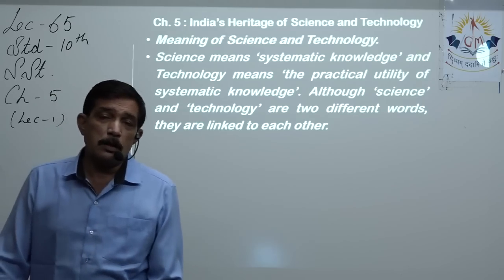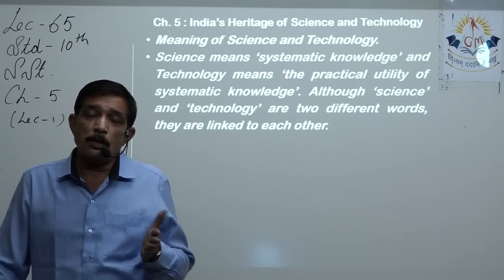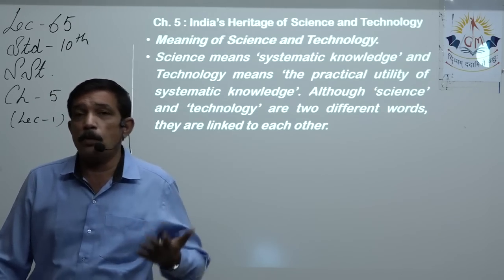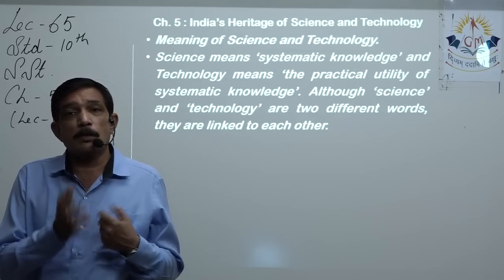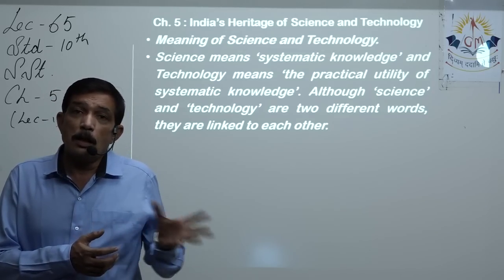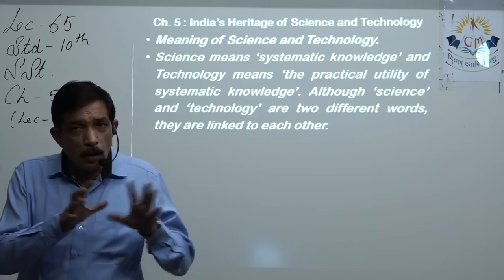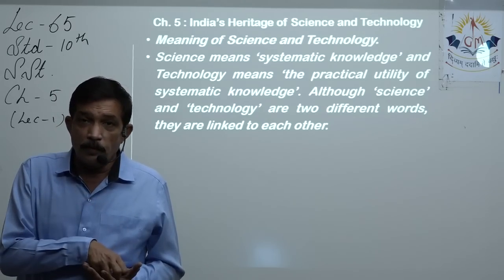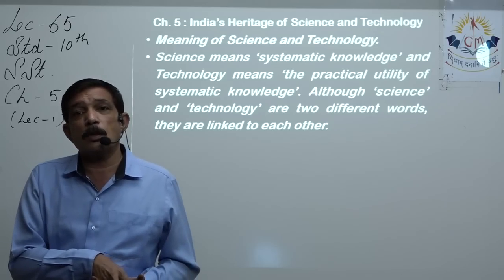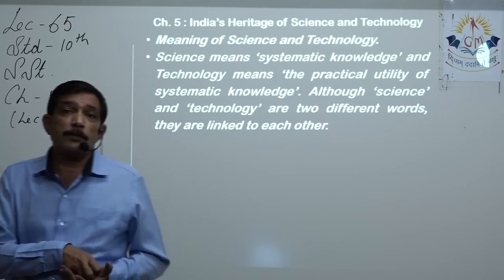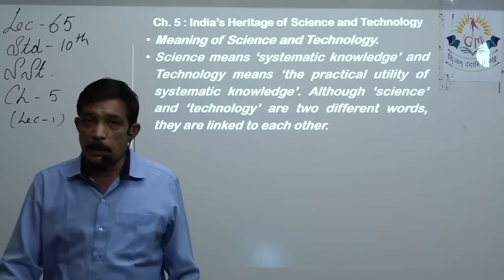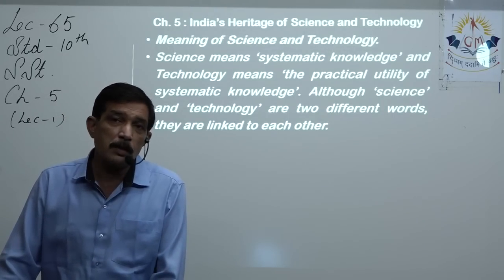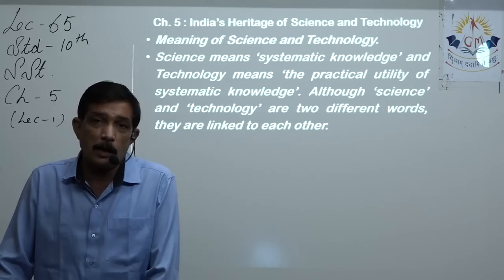Once you have the complete knowledge of magnets, how they work, what the effect of the magnetic field is, that there are different types of magnets, you learn all those things and then you can put them into use. That putting into use of the properties of the magnet is called technology. So technology means the practical utility of systematic knowledge.